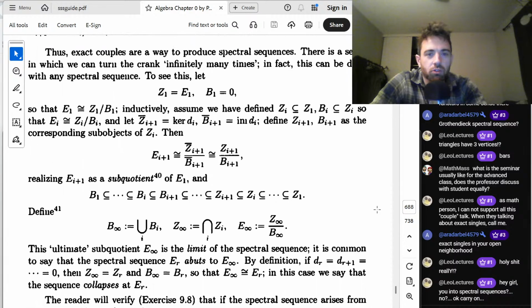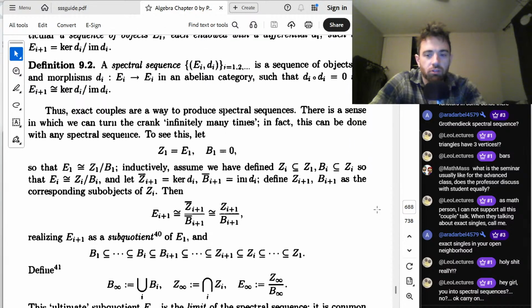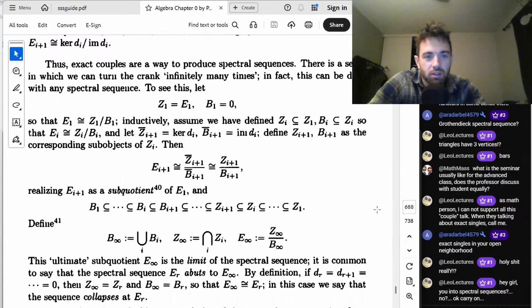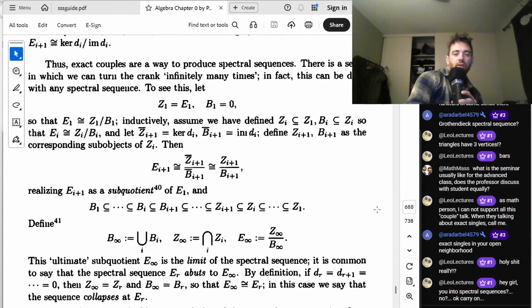Thus, exact couples are a way to produce spectral sequences. There is a sense in which we can turn the crank infinitely many times. In fact, this can be done to any spectral sequence.